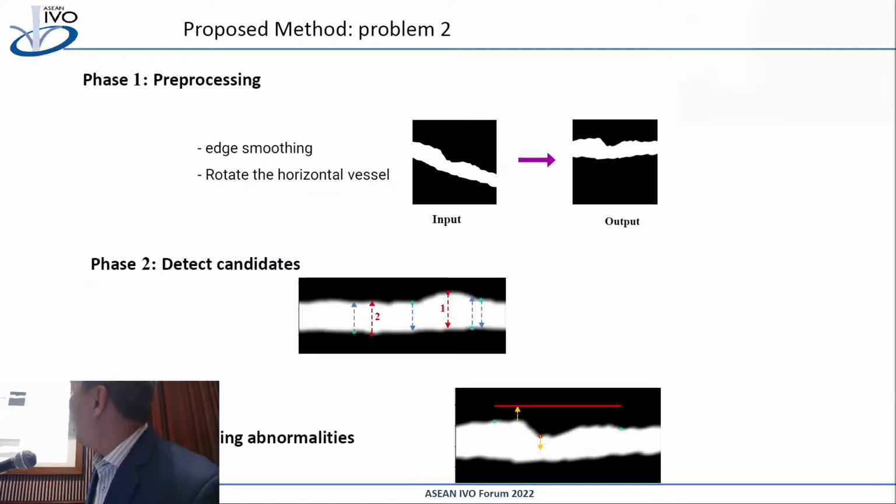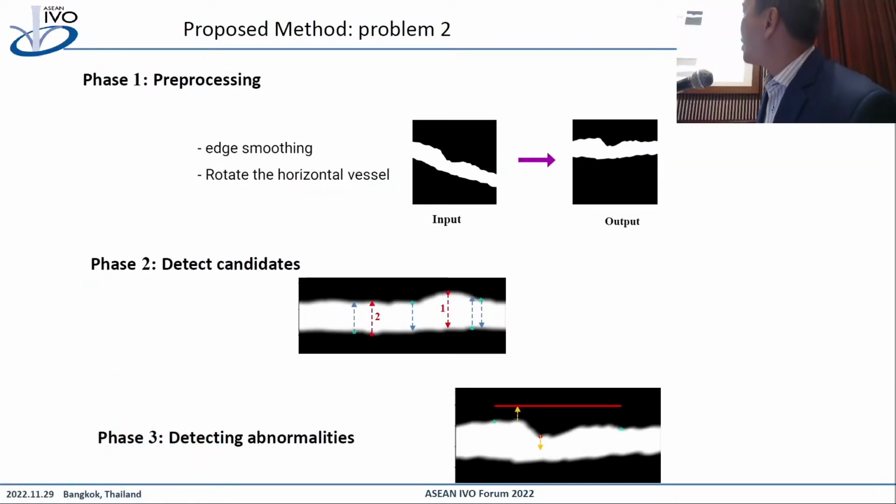For the second problem, we suggest three phases. The first is pre-processing. In pre-processing, we smooth the image, because after we get the segmentation result, the boundary is not smooth. This is a big problem, so we must make it smooth.